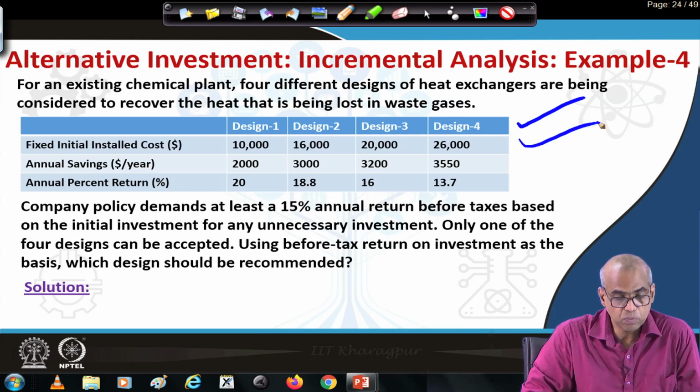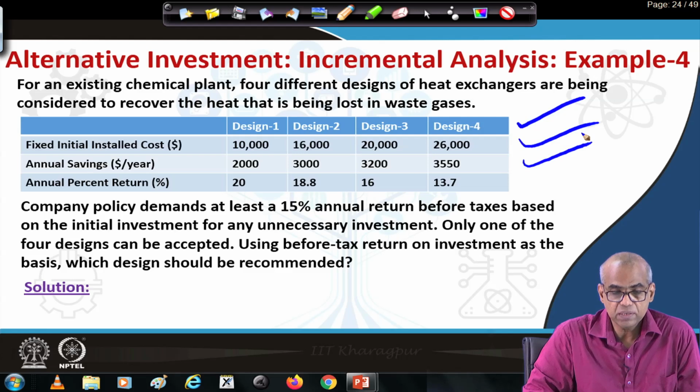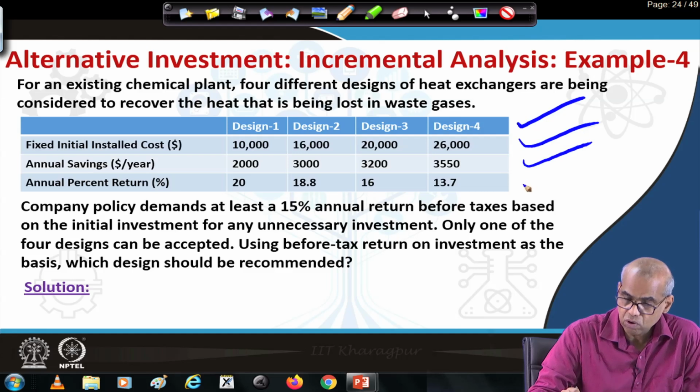Annual savings in dollars per year are given for each design. Annual percent returns are computed and tabled as 20% for design 1, 18.8% for design 2, 16% for design 3 and 13.7% for design 4.